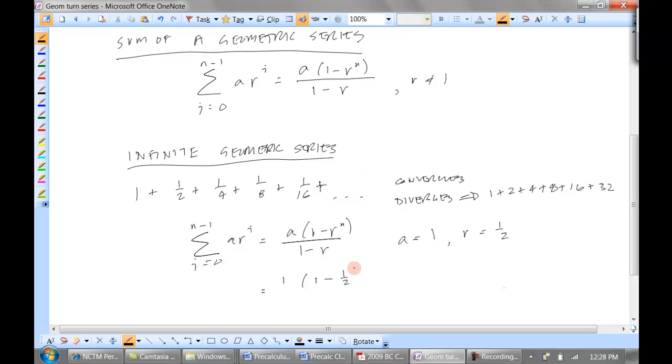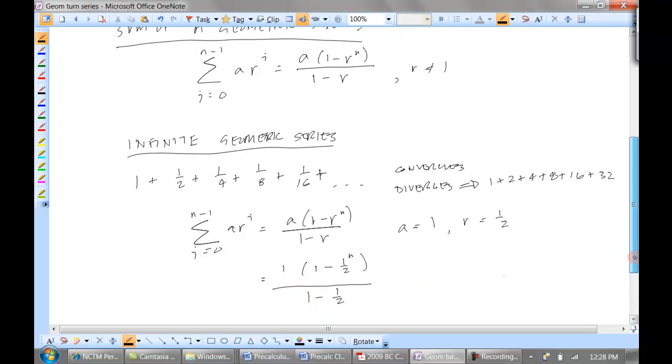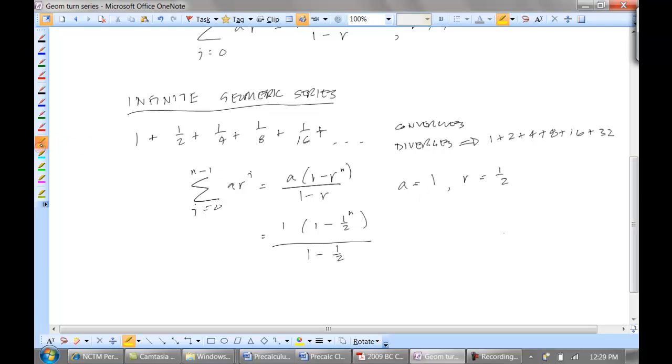So what happens when we take 1/2 to the n as n gets bigger and bigger and bigger? Well, if you take a number that's less than 1 and raise it to, right, this is n approaching infinity, something that's huge, 1/2 to something really big gets tinier and tinier and tinier.